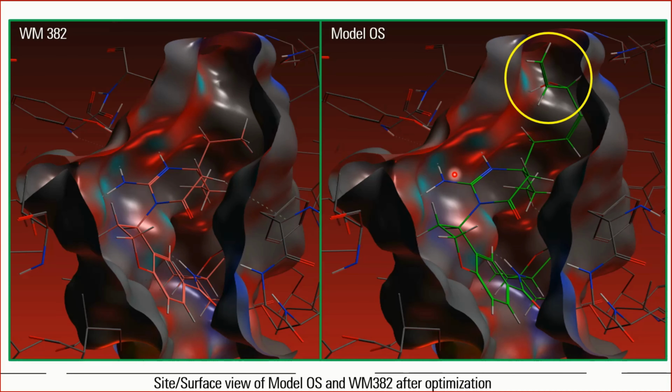And then in the next slide, this is the normal compound, while this is my model. The rest of the structure of this particular compound is the same as in this. However, this extended portion was made to make an interaction at this cyan patch.